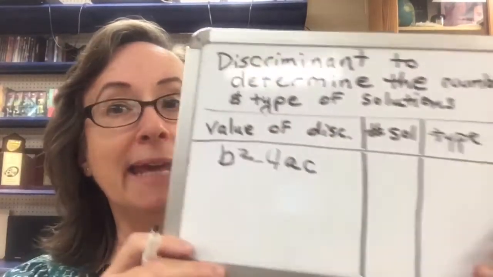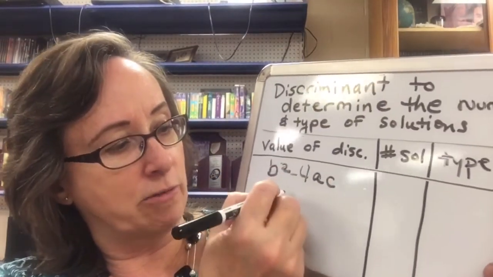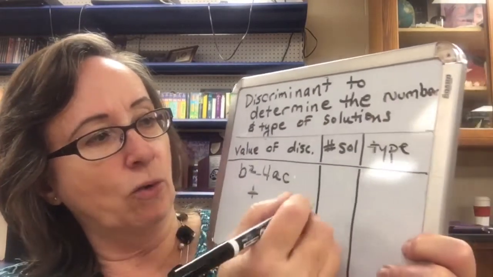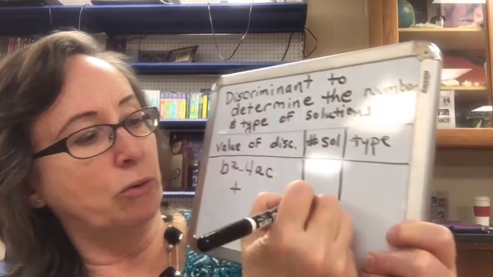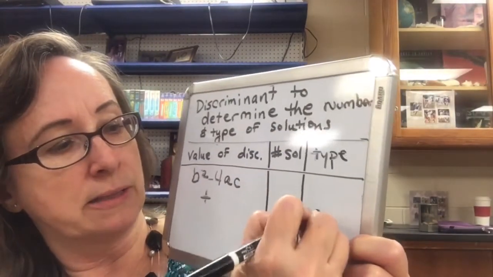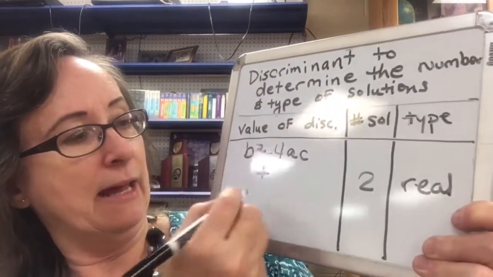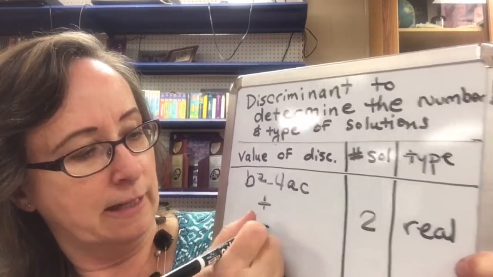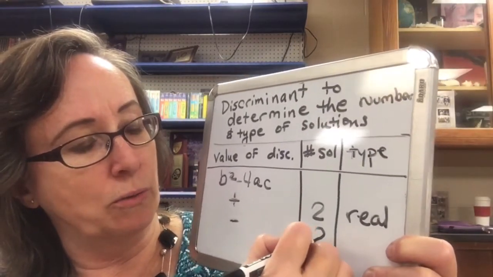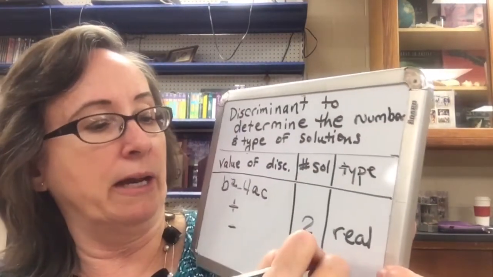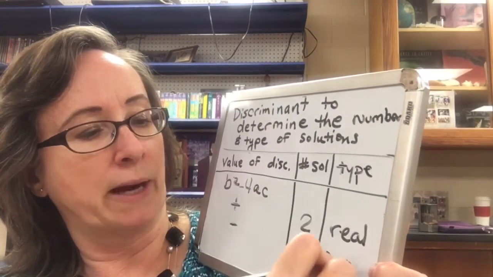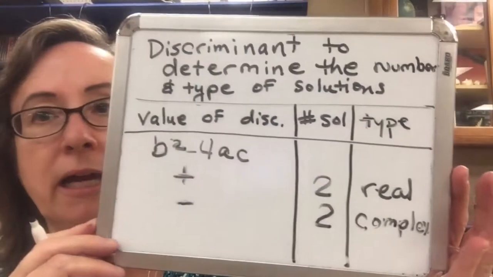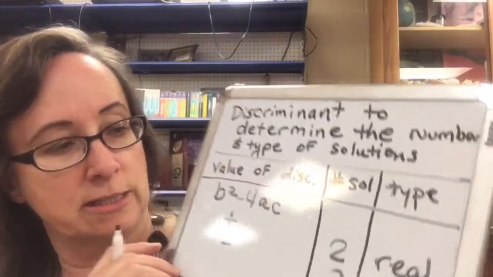So if the value of the discriminant is positive, then we will have two real solutions. If what is underneath there is negative, then we will have two imaginary, we'll just write complex, two imaginary or complex solutions.